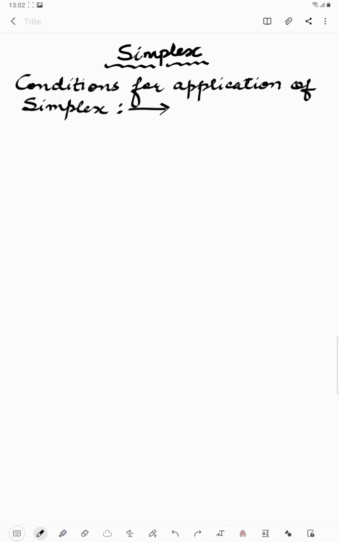If it does not fulfill the conditions, then we will have to modify the problem so that it does. Now what are those conditions and how we will modify and correct it, that I am explaining now.